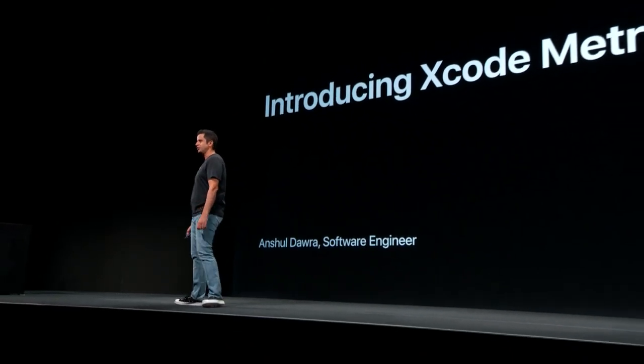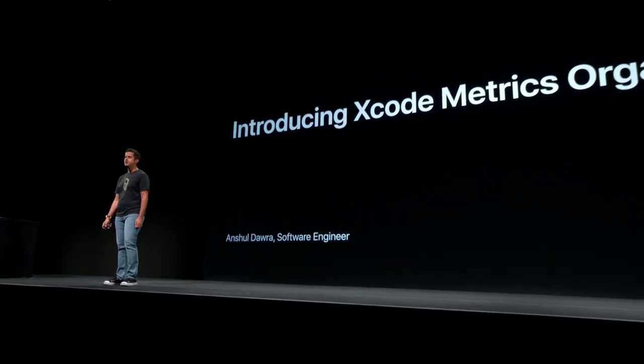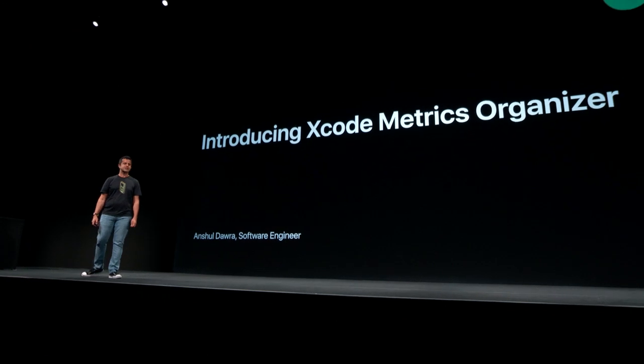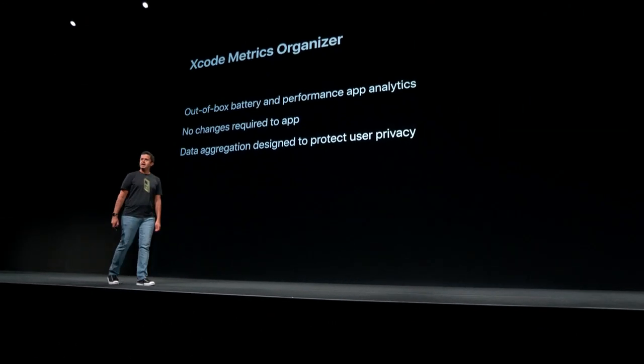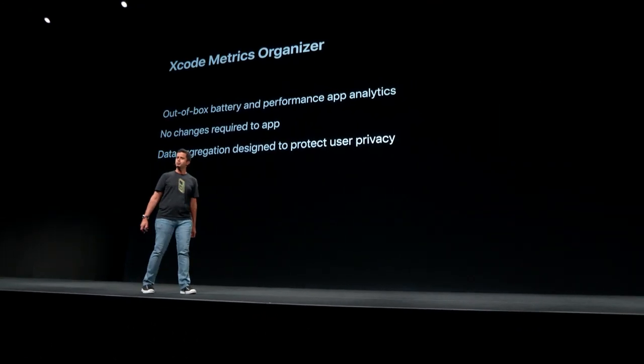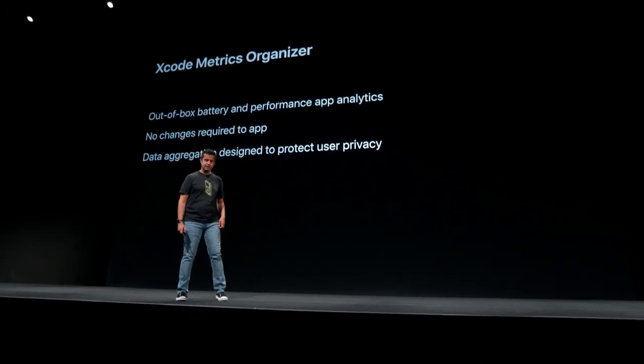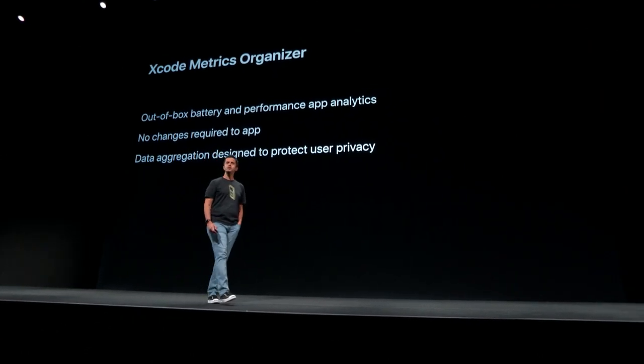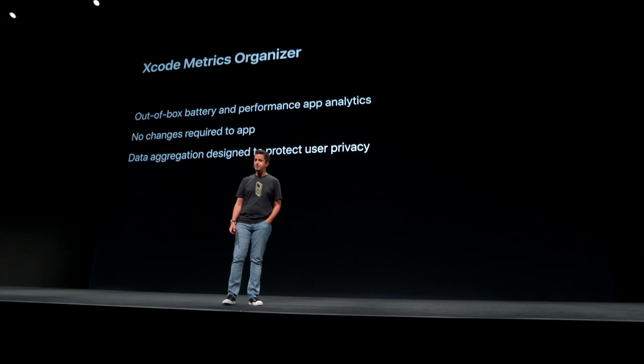Hi, I'm Anshul Davra. I'm here to talk about Xcode Metrics Organizer. That's a new cool tool that we are introducing this year with Xcode 11. Xcode Metrics Organizer is an out-of-the-box solution that we are providing with Xcode 11 to view your power and performance app analytics.